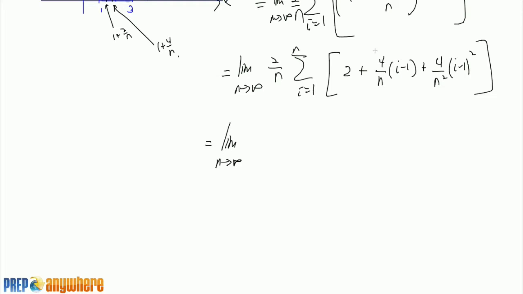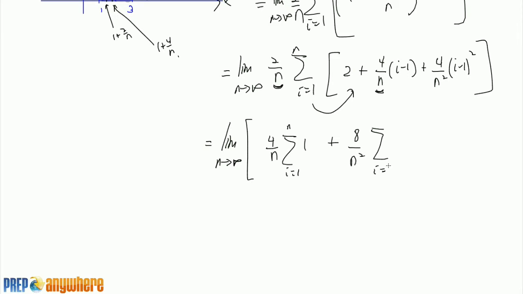Okay, distribution time. So we get 4 over n, because 2 times 2, a constant, you just bring out to the front, sigma of 1, plus this times this gives you 8 over n squared sigma of i minus 1.